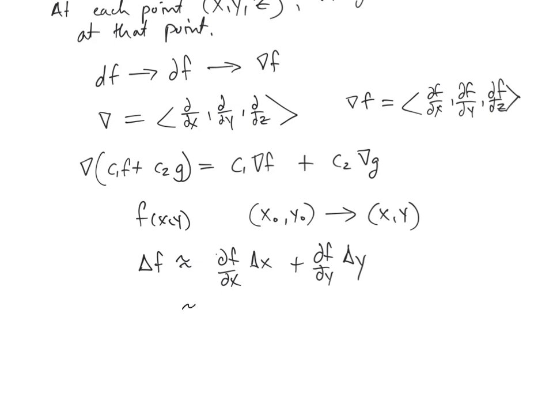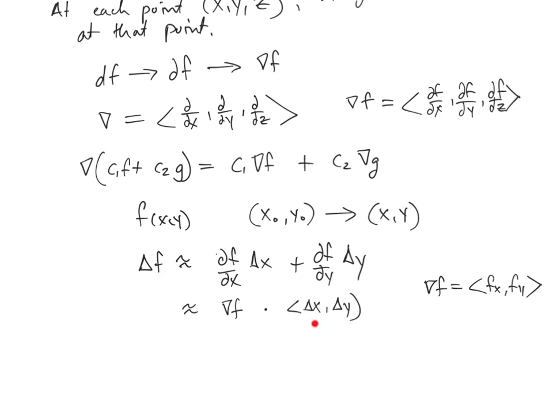So this is really just the dot product of my gradient vector, because in this case the gradient vector is equal to this vector, with a vector delta x, delta y, which gives me my change in f, right? So again, you're multiplying a derivative by some change to figure out what the change in the function is.